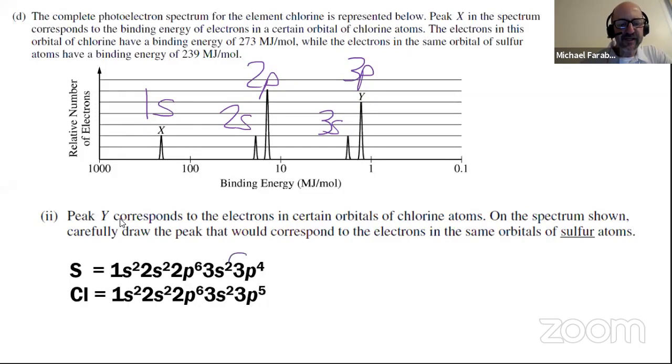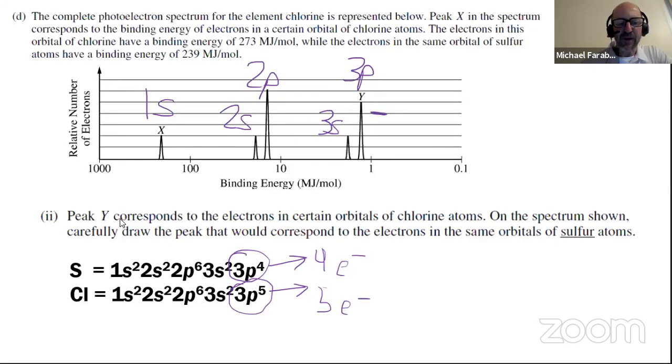So there are two significant differences between the 3p orbital of sulfur and the 3p orbital of chlorine. The first one's kind of obvious, and that is that the height of the peak is going to be different. We're talking about 4 electrons in the 3p orbital as opposed to 5 electrons. So if I were to draw the peak, I would have to stop at this level.